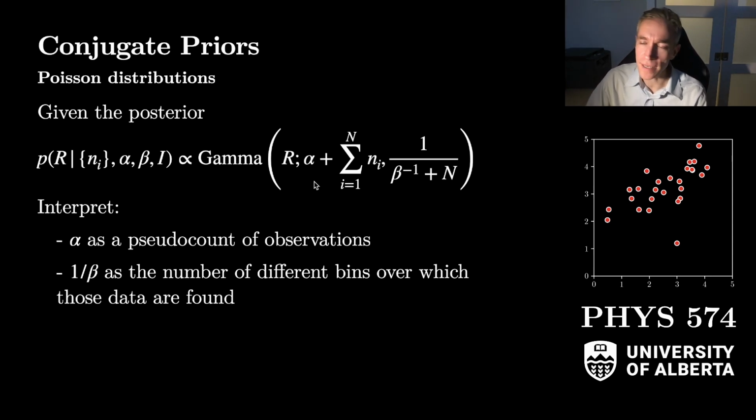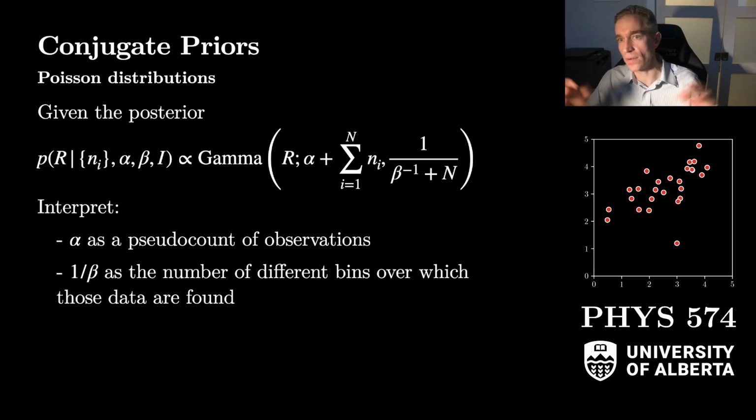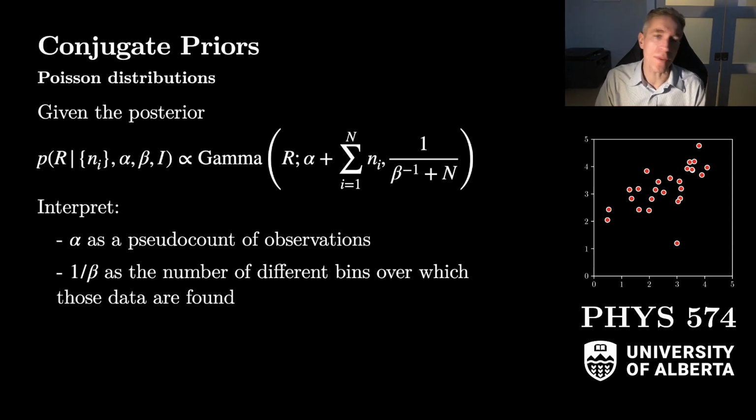And then alpha is the sum of the number of additional data that have been collected. And then n is the number of bins over which the observations are distributed. And then 1 over beta is thus the number of bins over which the prior data are found. So if you assume that you have 20 counts over a very broad bin, 1 over beta is a very large factor, so it's quite stretched out as a result.